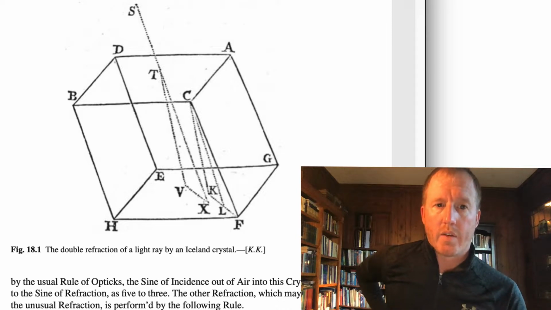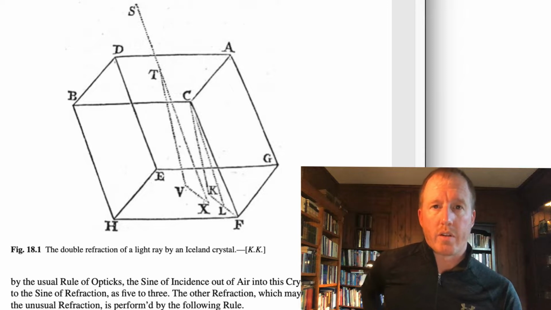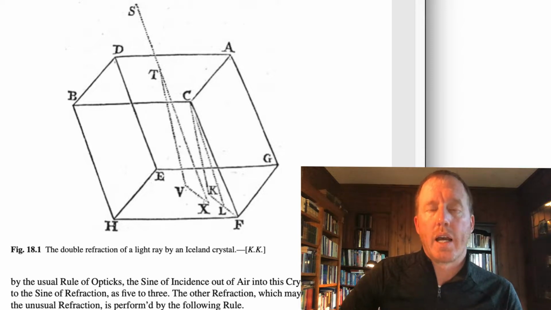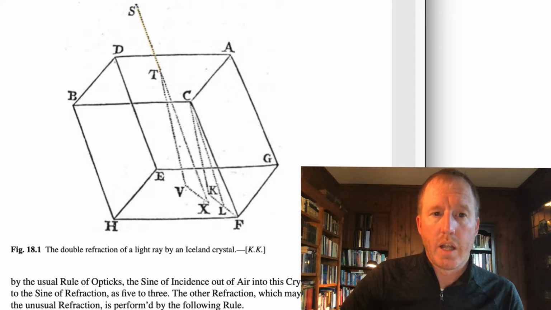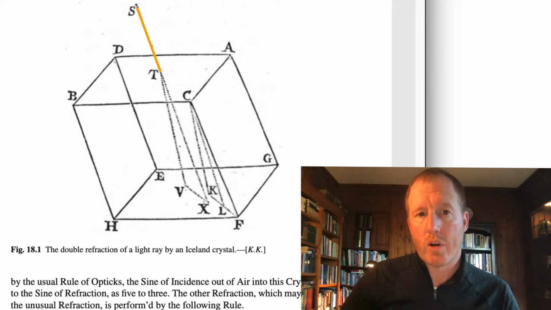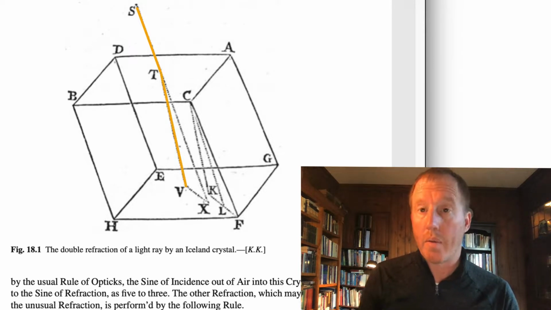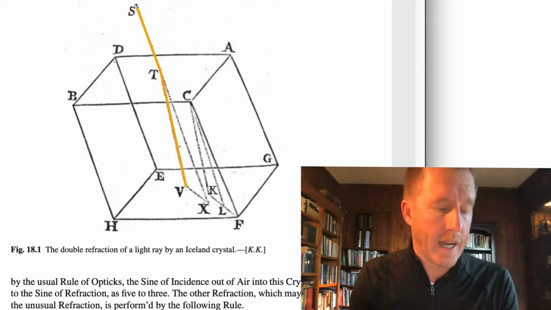It's a kind of parallelepiped that has a funny angle to it, and if a ray of light comes into it along line ST, it will break into two beams, one that obeys the ordinary law of refraction along line TV, and the other one that does not obey the ordinary law of refraction, that goes along line TX.